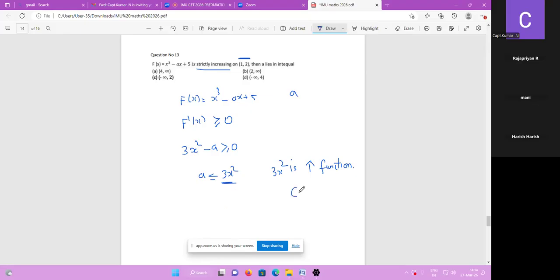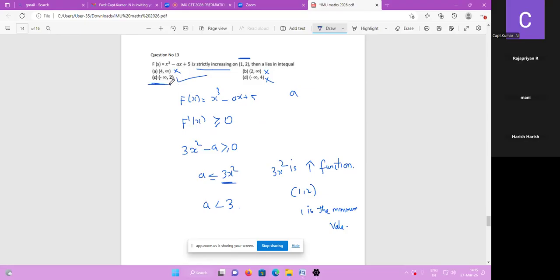In the interval 1 comma 2, 3 is the minimum value. So a should be less than 3. So this is false, it contains false. So this is the only way. So my option C is true.